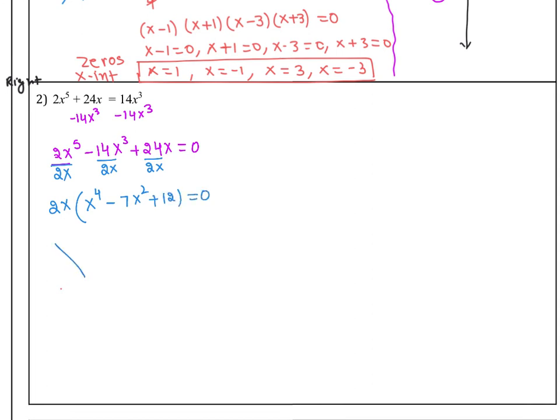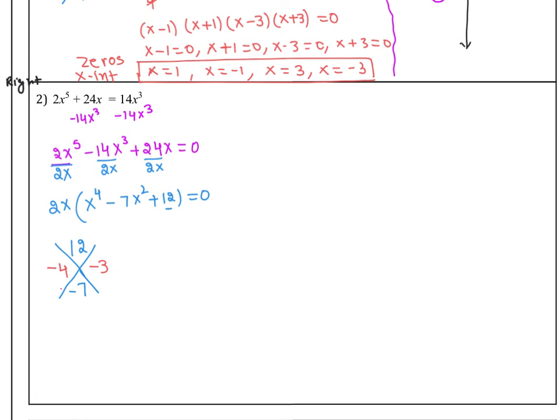You're going to use the cross method. The top number is 12, that's the last number, and the bottom is negative 7. You're looking for two numbers that when you multiply, you get 12, and when you add them, you get negative 7. So those numbers are negative 4 and negative 3.